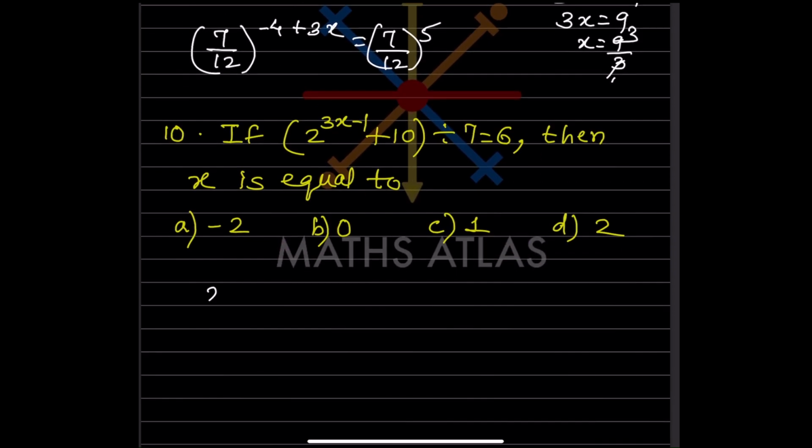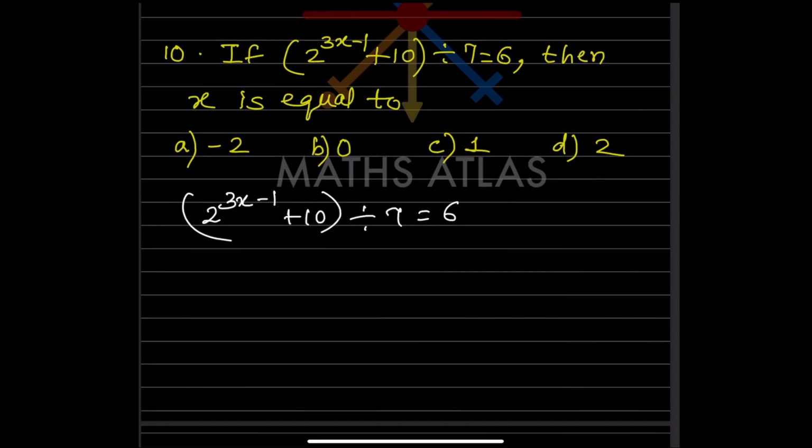Now here, in this one they have said, if... So now what we can do here, we can also write 2 raised to 3 minus 1 plus 10 is equal to 6. And if this division goes on the other side, that is going to get multiplied.